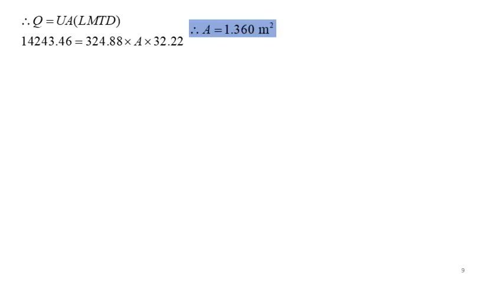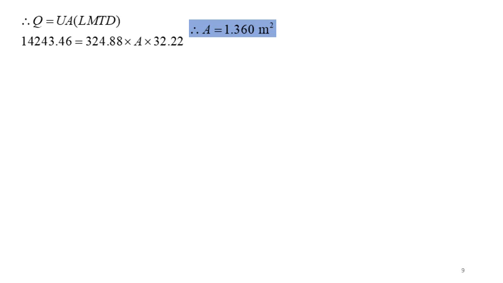After calculating the LMTD for parallel flow, we know Q is equal to UA into LMTD. We know the value of Q. We just calculated the value of U, and you calculated the LMTD, so you can calculate the area. Area is equal to 1.360 meter square. Substituting all the values, you will get it.